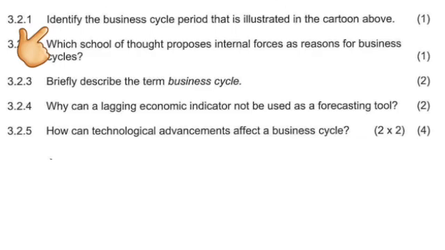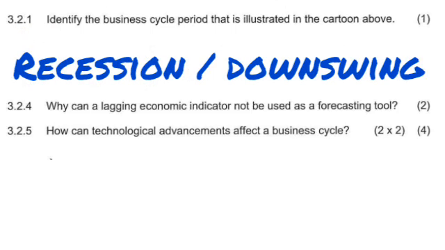So your answer there will be a recession or a downswing or a contraction, depending on which one you would remember better. If you had said the recession or a downswing or even a contraction, you would have still been correct, because it shows a decline in our economy. It's coming to crush our economy because of the load shedding.